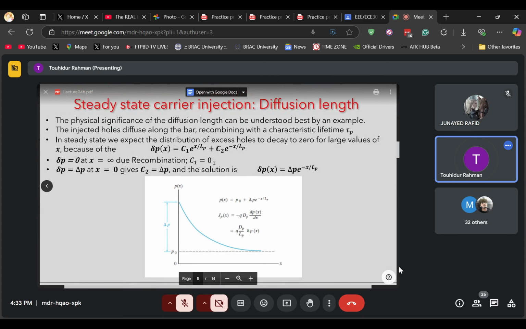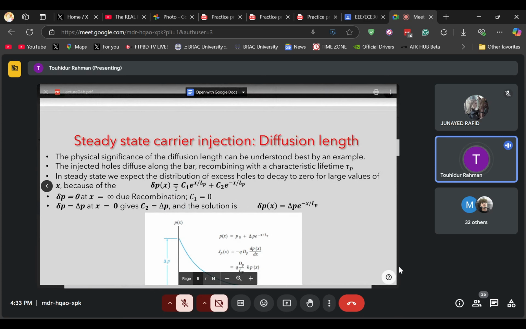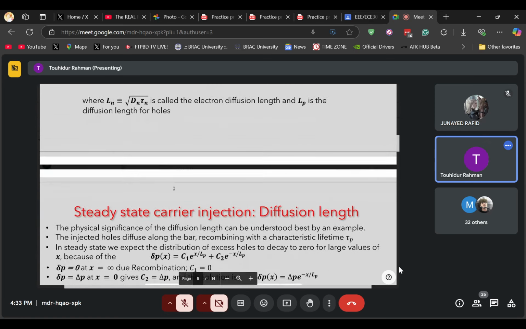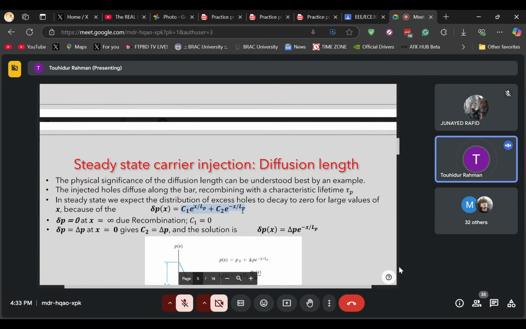So here the term we should use is boundary condition. We should not use final value or initial value, because those represent function of time. Here we do not have function of time, it's only function of distance. So for function of distance we call it boundary value. Initial value and final value are applied for time.